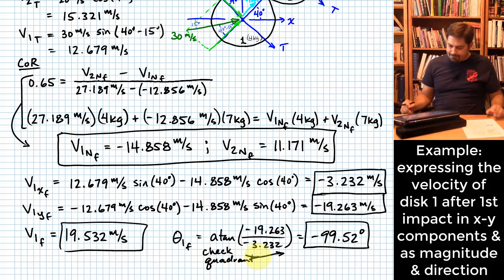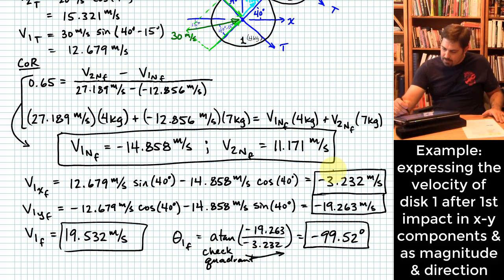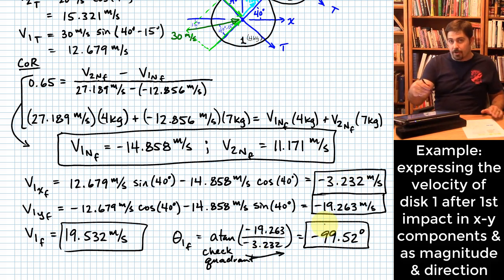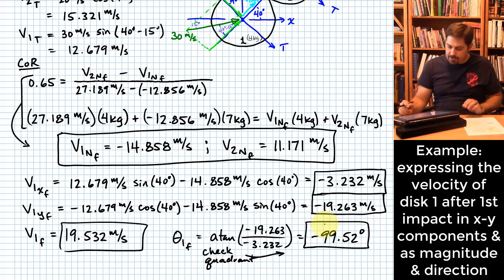Okay, and that makes sense because it's going to point mostly downward, but a little bit further clockwise from being perfectly downward. All right, that is my final velocity of disk 1.